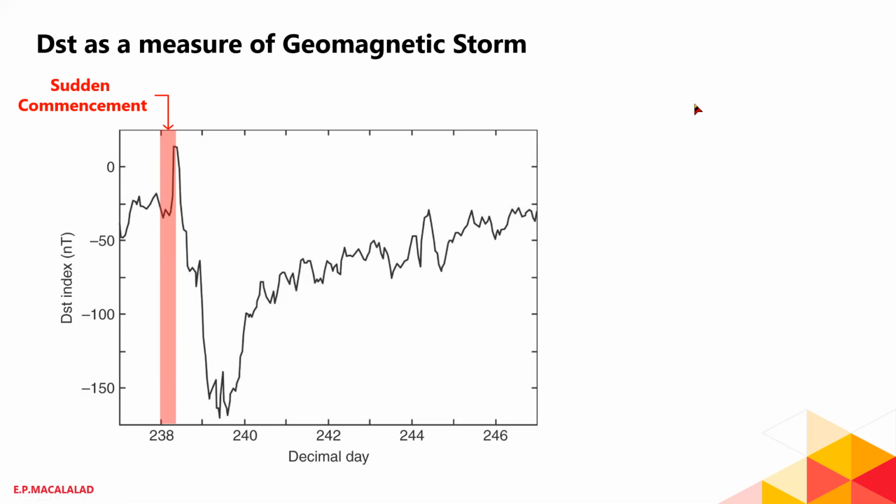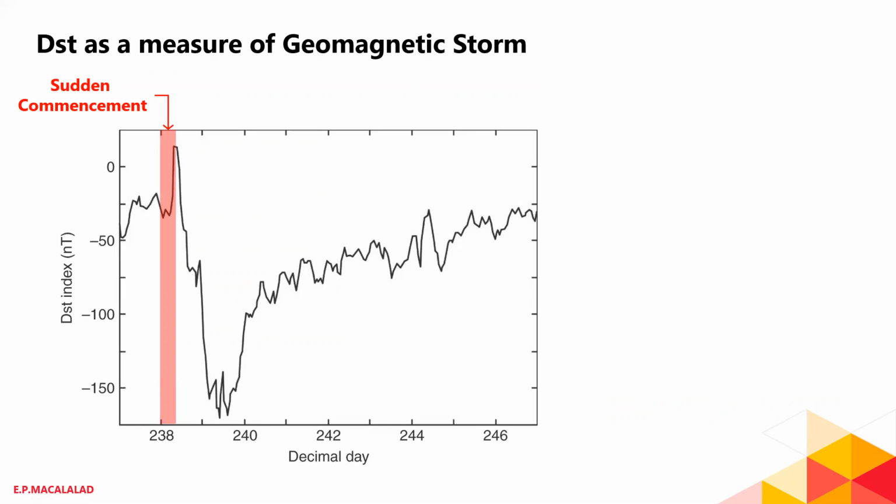That's why in the Dst index, the sudden commencement is depicted by a sharp increase in the magnetic field. This indicates that initially the magnetic field is compressed during the start of this geomagnetic storm.